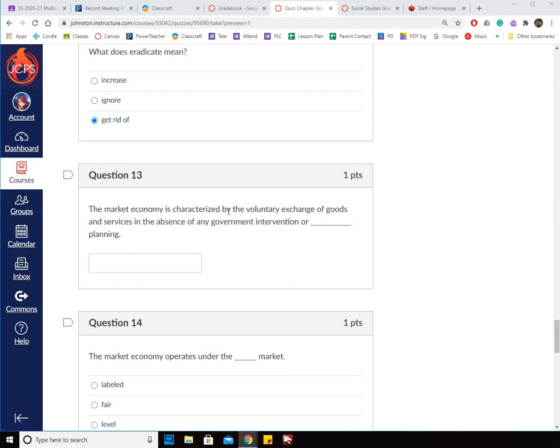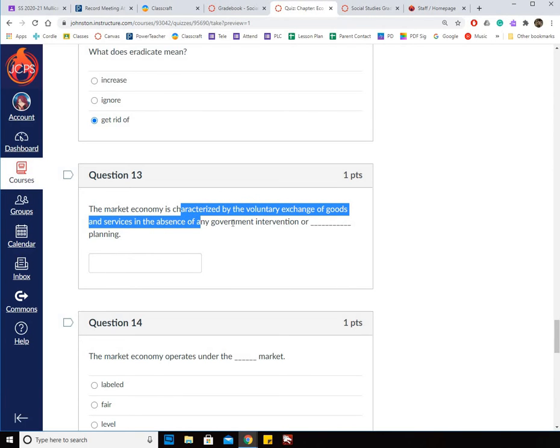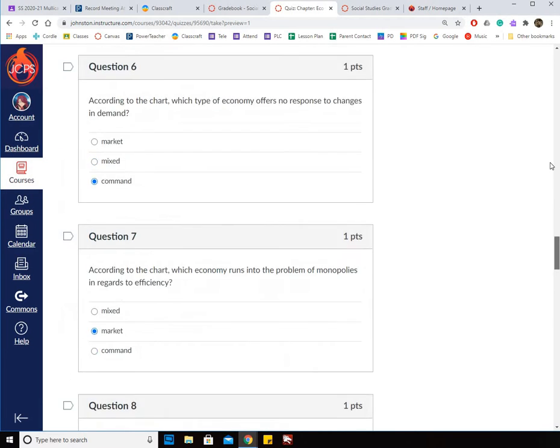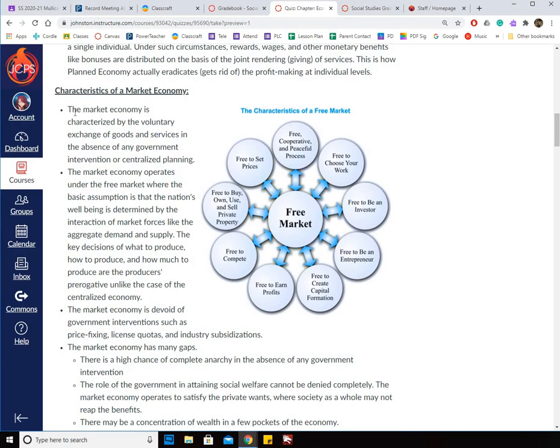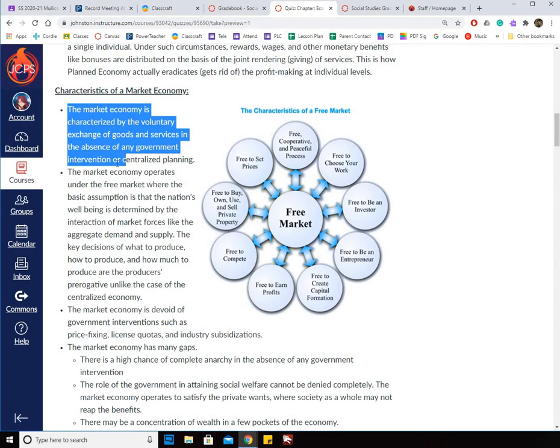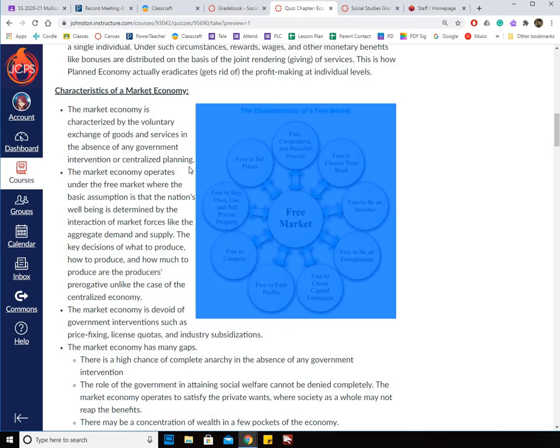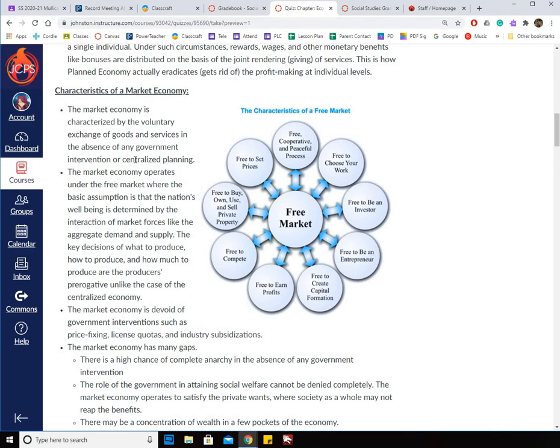13. The market economy is characterized by the voluntary exchange of goods and services in the absence of any government intervention or centralized planning.